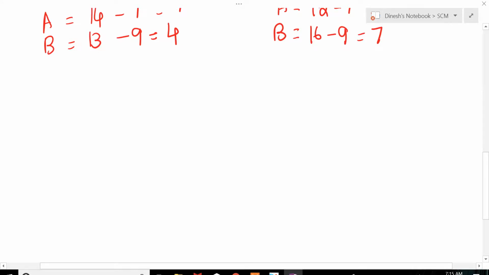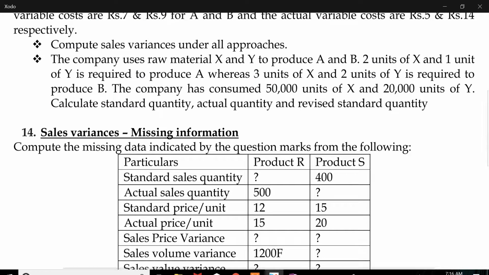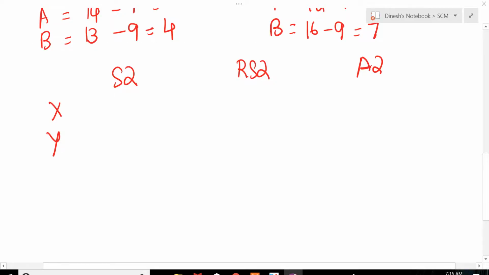They've asked for SQ, RSQ, AQ. The two raw materials are X and Y. How many units of X has been consumed? 50,000 and Y is? So AQ is 50,000 and 20,000. The trickiest part is RSQ, so that's where I have given this adjustment.